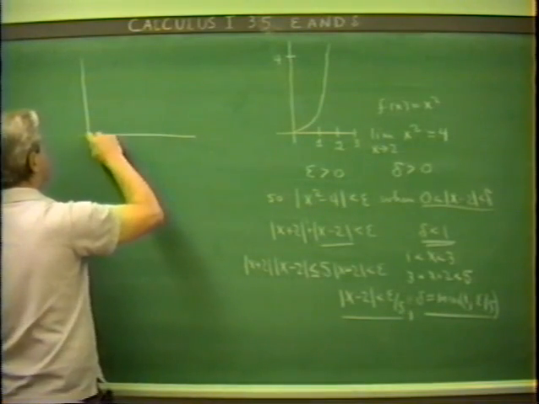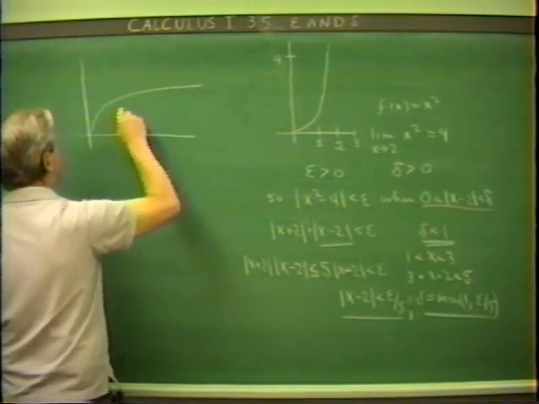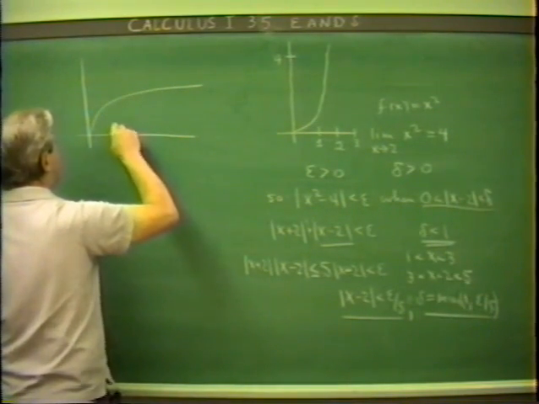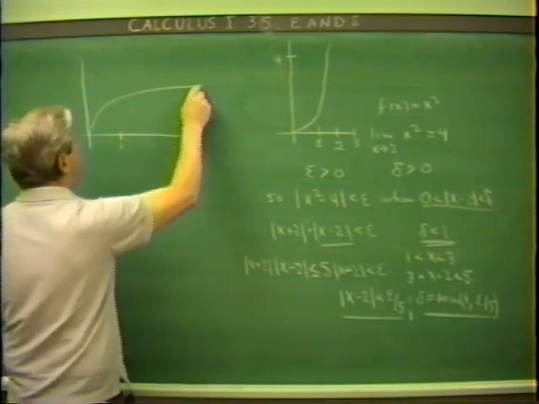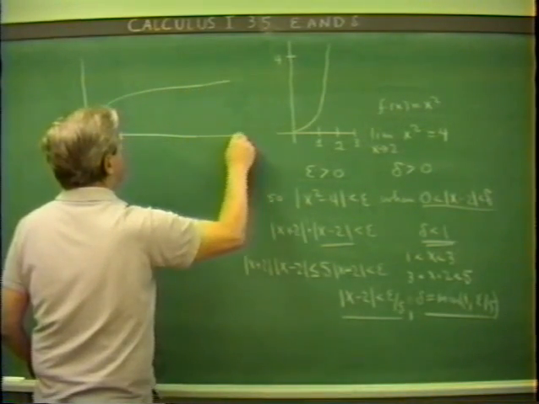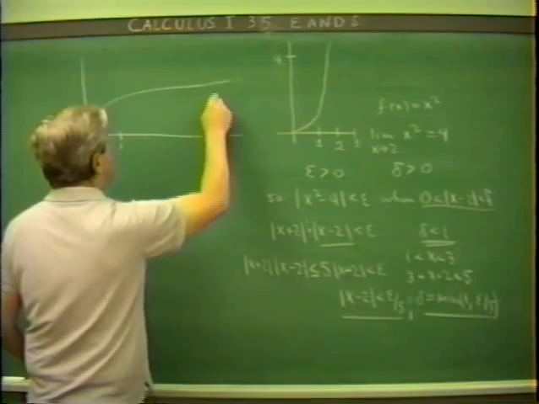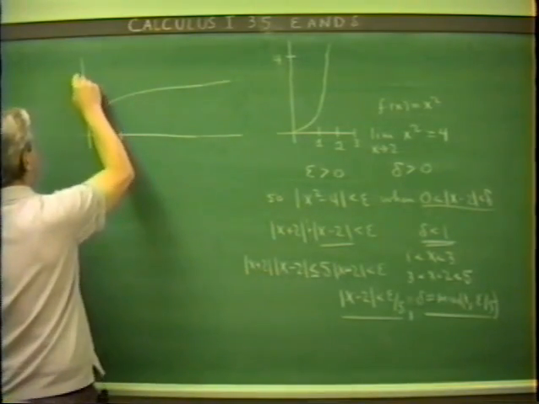Then when 0 is less than the absolute value of x minus a, which is less than delta, then the absolute value of f(x) times g(x) minus L times M is less than epsilon.